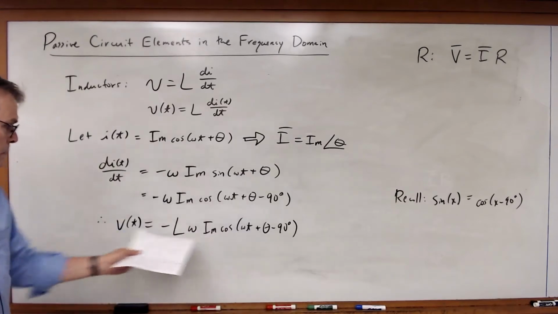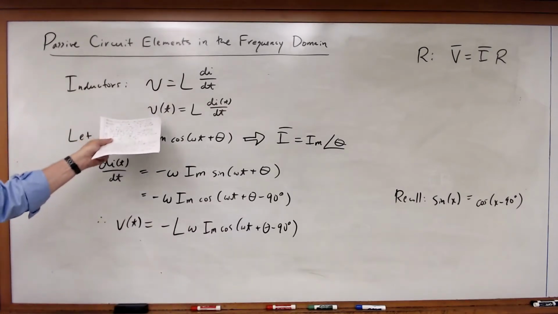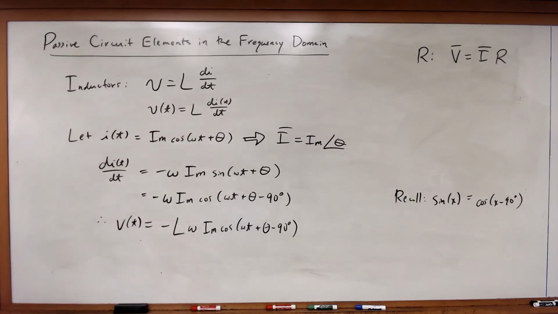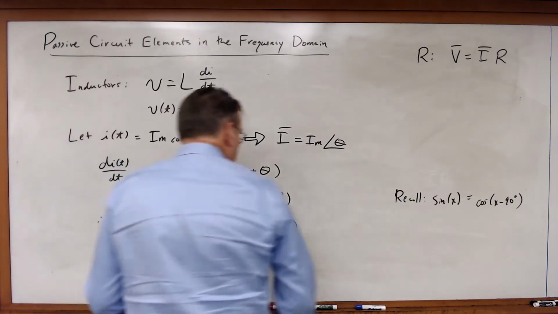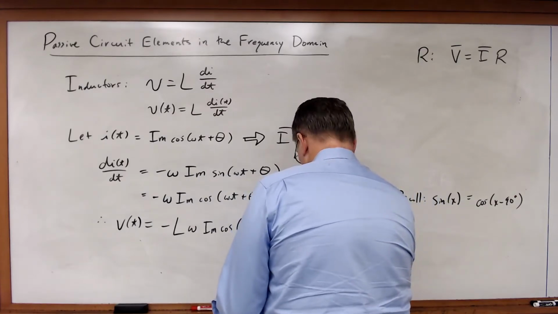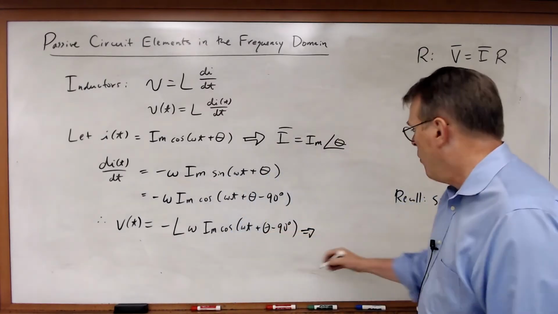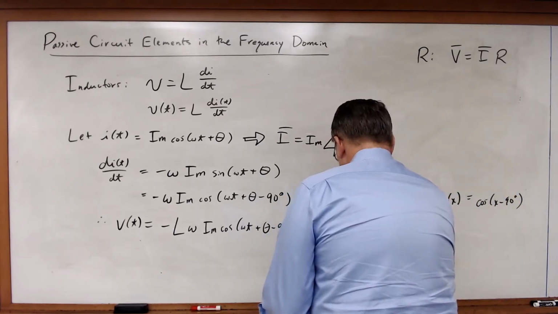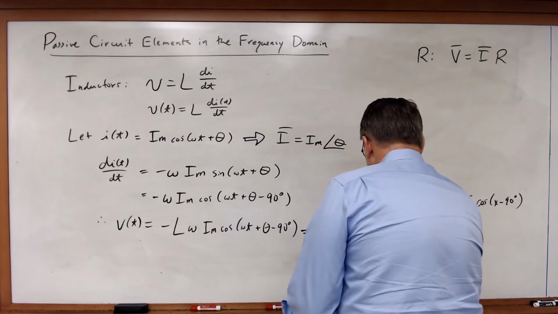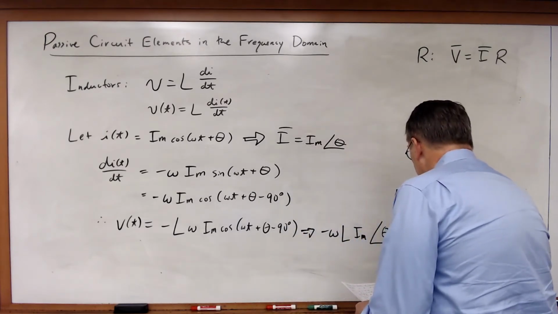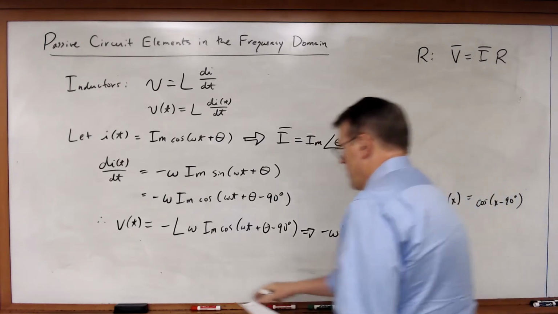So that is now our voltage expression with the derivative plugged in. And now let's convert this into phasor form. In phasor form, this will be equal to minus omega times L times Im at a phase angle of theta minus 90 degrees.